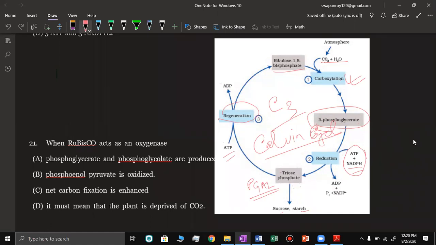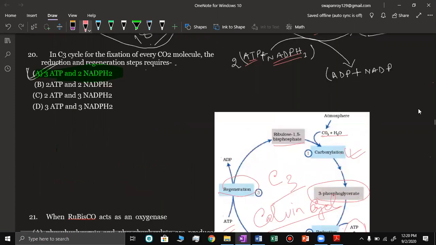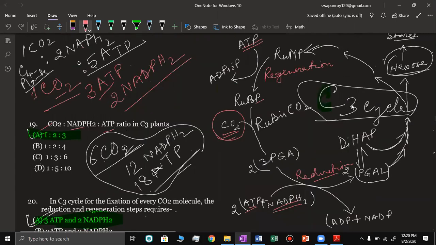This is the same thing that I have drawn here: carbon dioxide and the Rubisco enzyme.